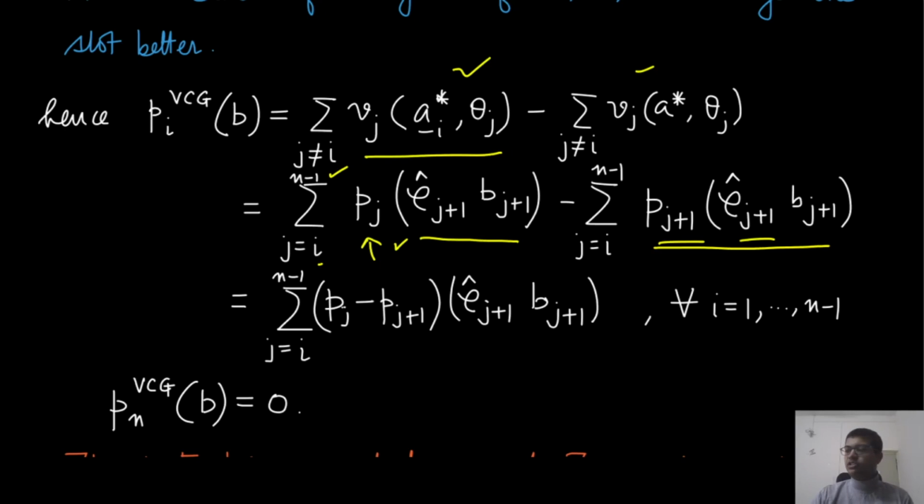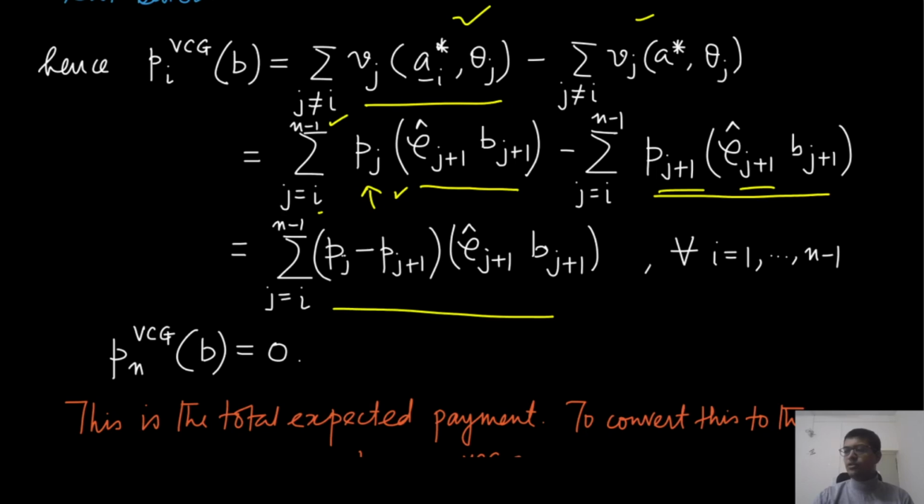So you can do this simplification and find out the final payment for agent i, advertiser i, in this bidding game. This is true for all the agents except the last agent, because there is no j plus 1 in that case. For that agent, the payment is always going to be 0, because his participation does not change any of the other allocations. So that agent will have a 0 payment.